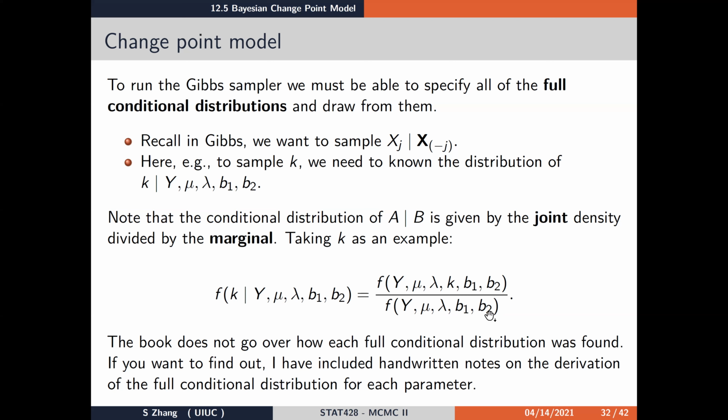The book does not go over how each full conditional distribution was found, so if you want to find out, I have included handwritten notes on the derivation of the full conditional distribution for each parameter. For now, let's skip the handwritten derivations and assume that we have done the derivations in this way and we have found out what is the full conditional distribution of each of the model parameters.